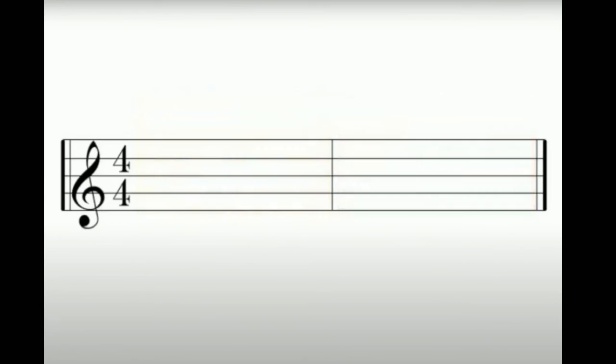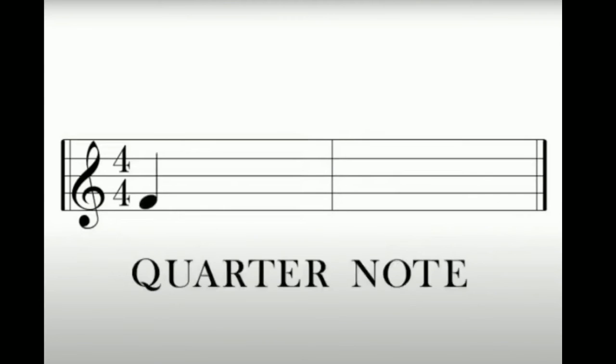Now, the final note duration we're going to talk about today is called a quarter note. A quarter note sounds for only 1 beat per count. If there are 4 beats in a measure and a quarter note sounds for 1 beat, raise your hand if you can tell me how many quarter notes are in 1 measure in a 4/4 time signature.